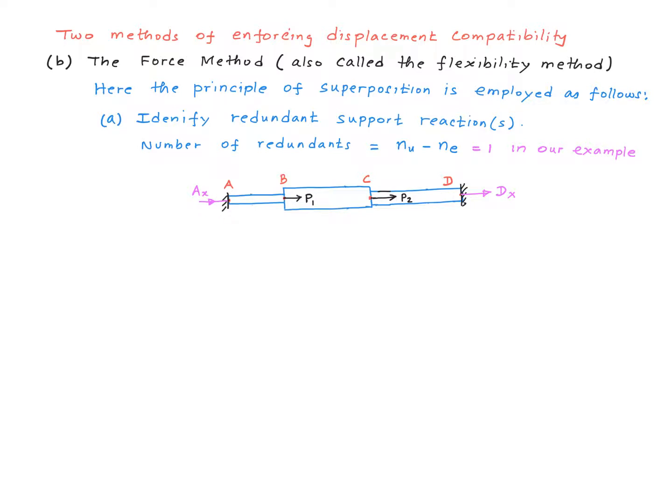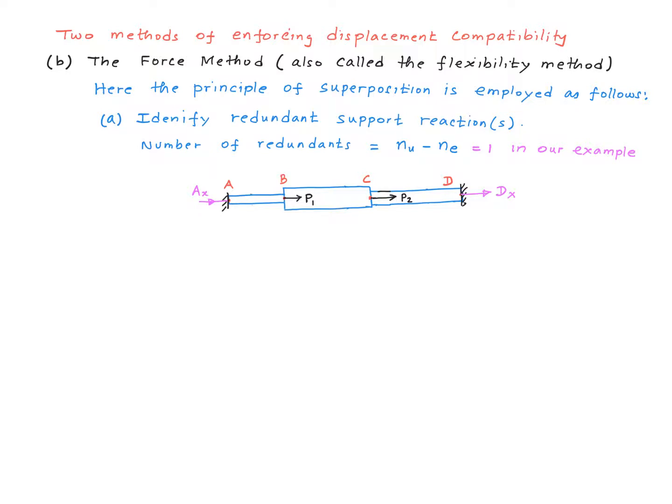There's one at point A, one at point D. But we can only write down one equilibrium equation for this problem, right? So we say there's one too many reactions here, all right? In other words, the difference between the number of unknowns and the number of equilibrium equations is what is called the number of redundants. So one of these reactions is a redundant reaction.